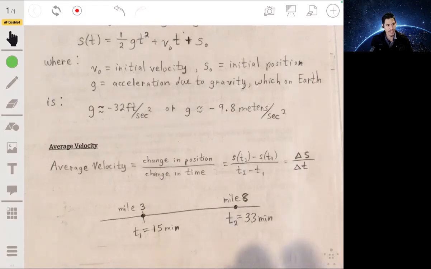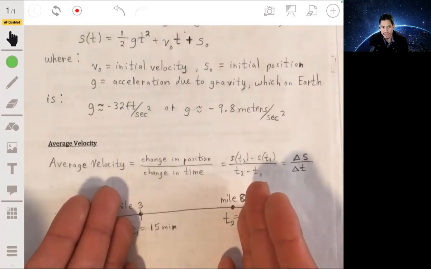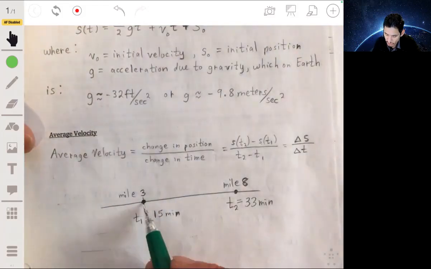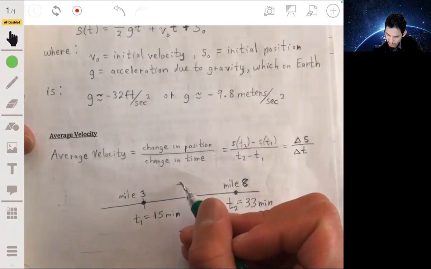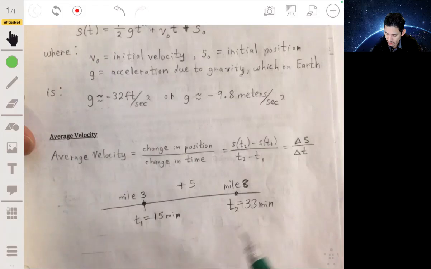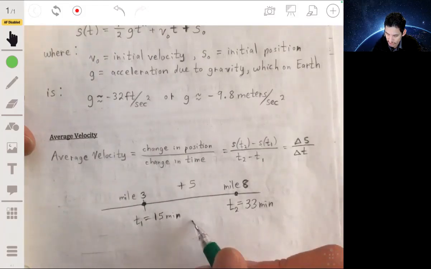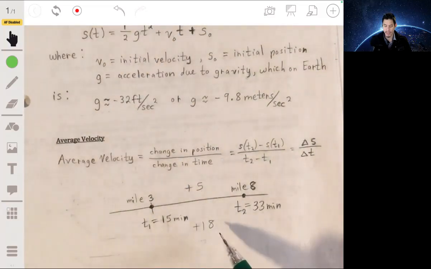You want to get an idea of how fast he is going by seeing how long it takes him to travel some distance. So to go from mile 3 to mile 8 means he went a distance of 5 miles, over the difference of 15 minutes and 33 minutes, a difference of 18 minutes.